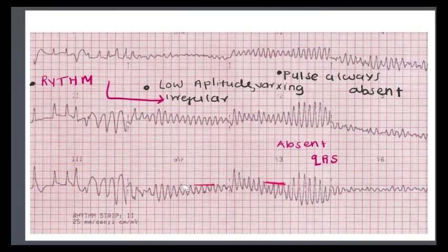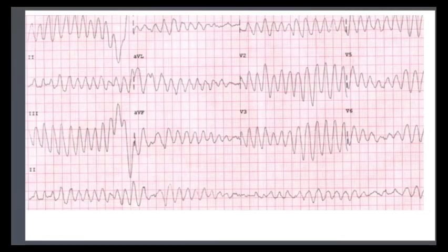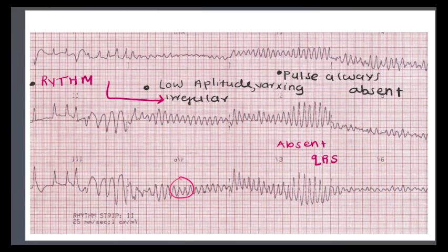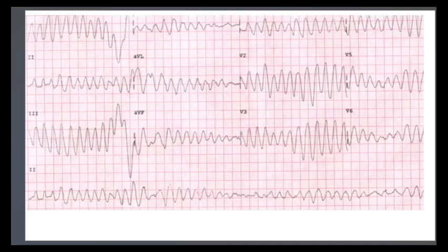One more thing we notice is that the amplitude is less compared to polymorphic VT. I will show you the diagram of polymorphic VT, which we already discussed. See, this is also irregular, but amplitude-wise, in ventricular fibrillation the amplitude is less, and there is no pulse. Pulse is always absent in ventricular fibrillation, but polymorphic ventricular tachycardia could present with a pulse, or the pulse can be absent.